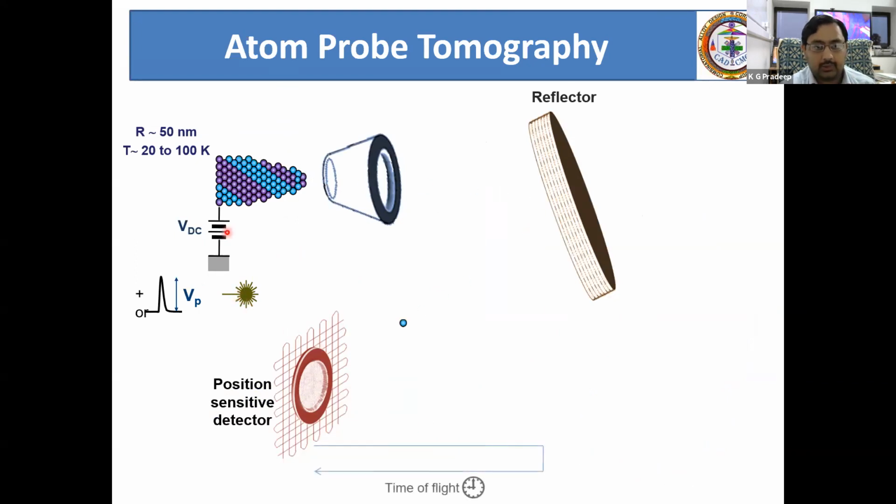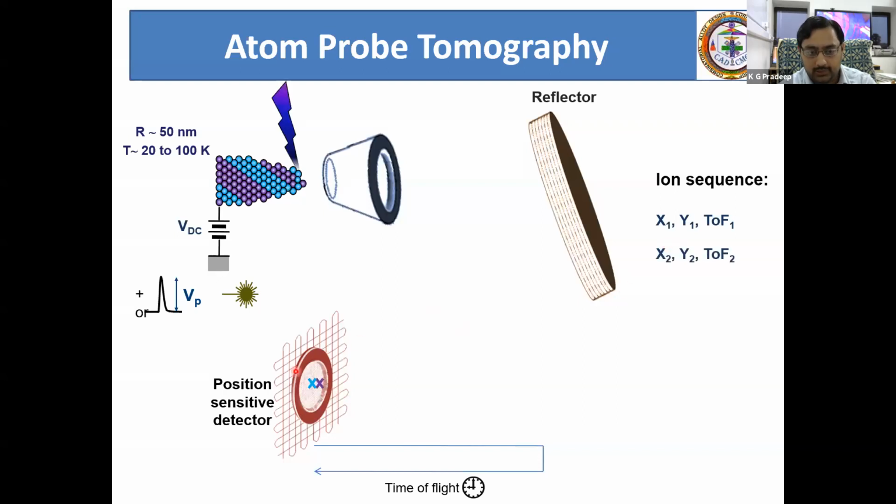You can apply positive potential and you can apply laser pulsing or voltage pulsing, so that you can have this evaporation of atoms in the form of an ion. And each time an ion hits the detector, we get the X and Y position from the detector, and the time of flight is accurately measured because we know the instant of pulsing and we also know the instant at which it reaches the detector.